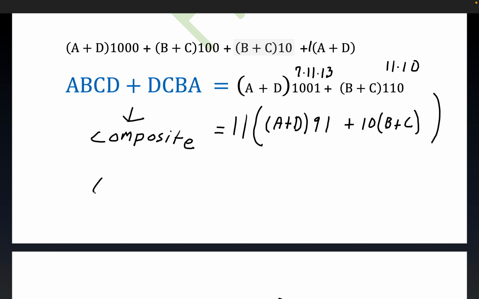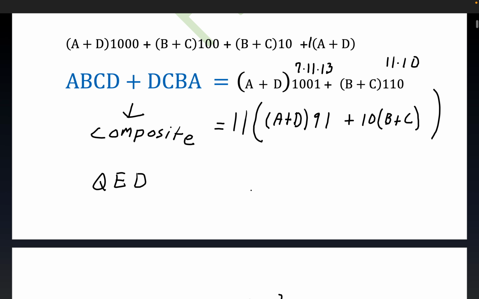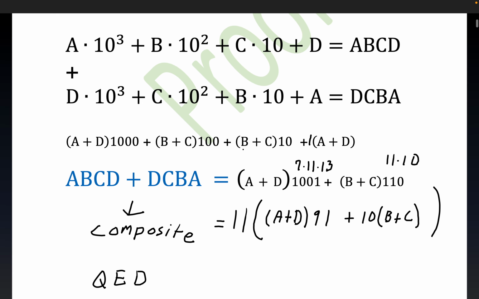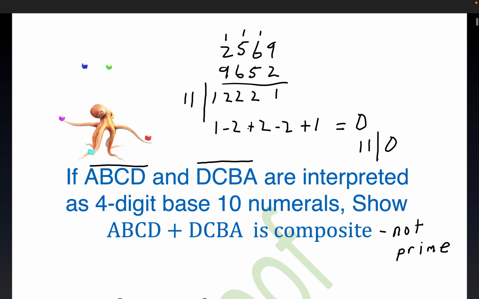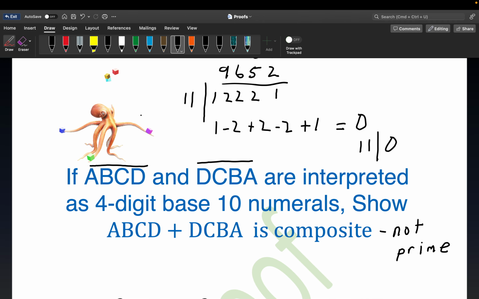So anyway, QED. And of course, we don't know that 11's the only divisor, but all you need is one divisor between 1 and the number itself. And certainly 11 meets that condition here. Okay. So pure talent.